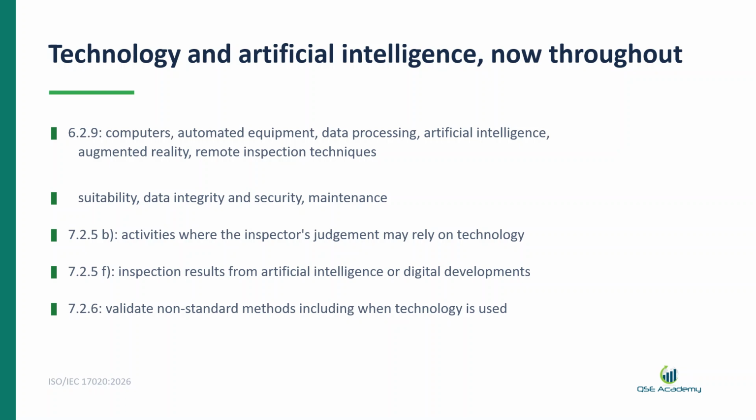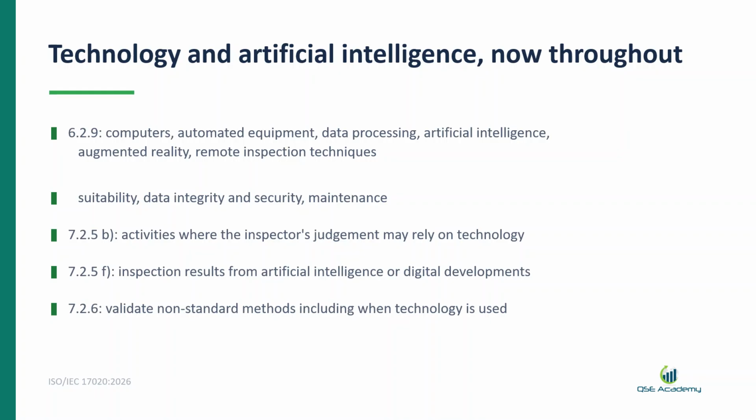Clause 6.2.9 names it explicitly: computers or automated equipment, data processing, artificial intelligence, augmented reality, remote inspection techniques. For all of it, you must ensure suitability and adequacy for use, establish procedures protecting the integrity and security of data, and maintain hardware and software so they function properly.